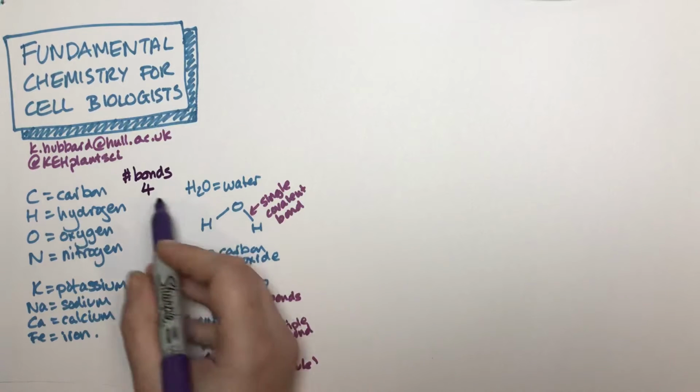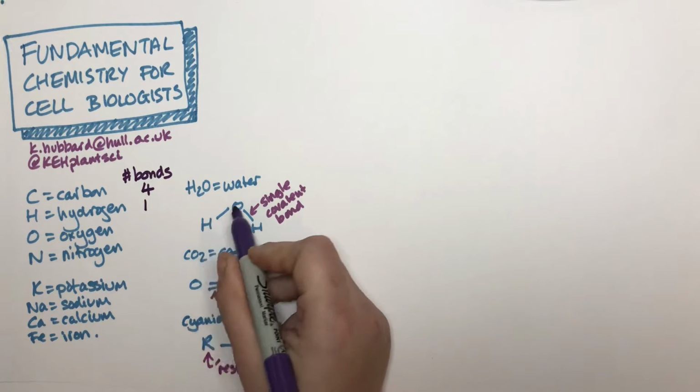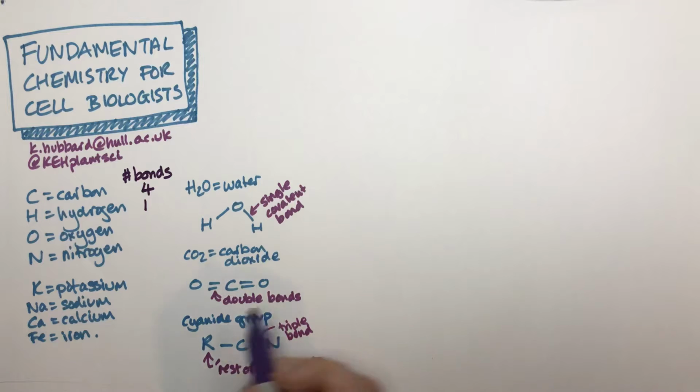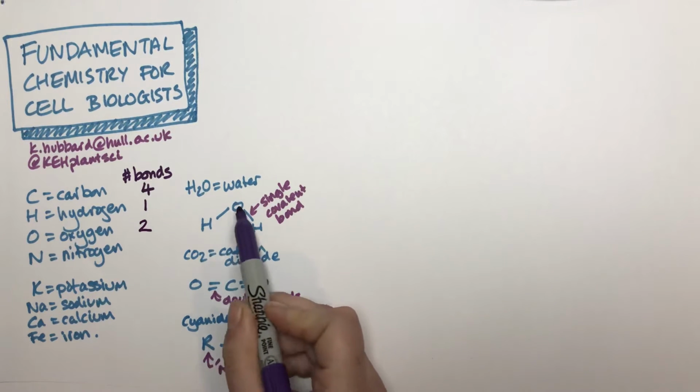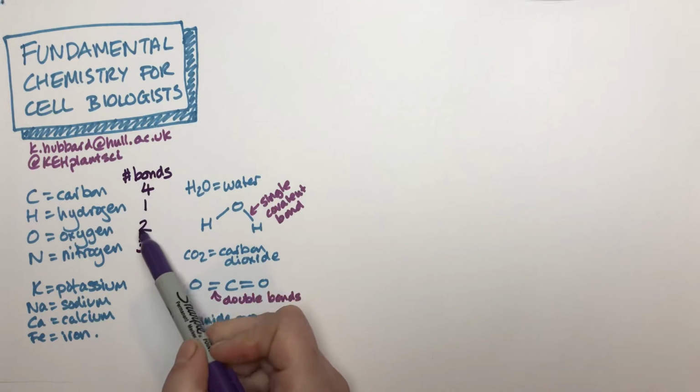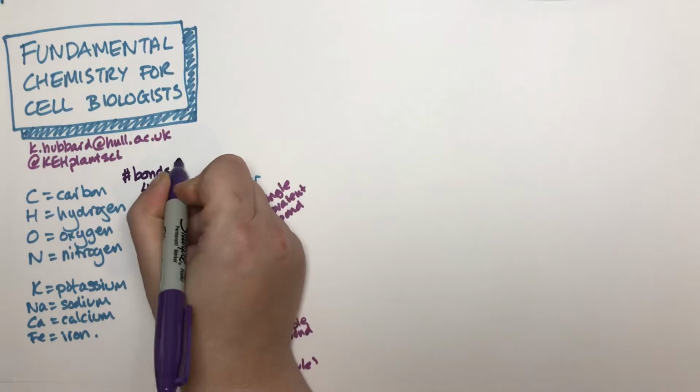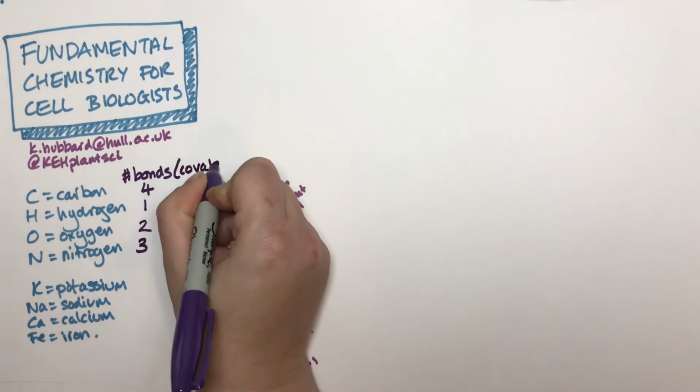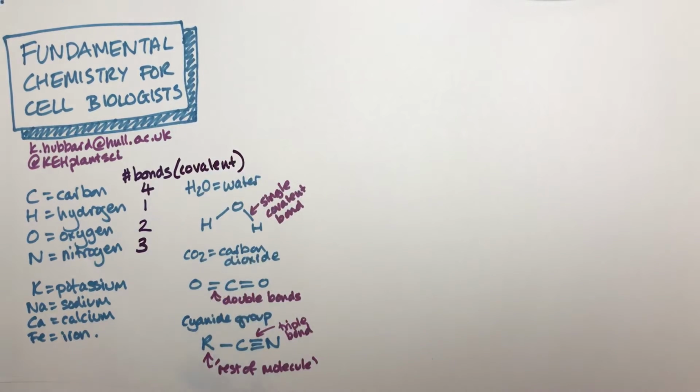Hydrogen only forms 1 bond. So here we've got hydrogen bonding to oxygen. It can only bond to 1 thing at a time. Oxygen binds to 2 things at a time. So here it's 2 different hydrogens. Here, both of those bonds are to the same central carbon. And nitrogen has 3 bonds. So here we've got that triple bond to carbon. So in all the chemical structures you see, there should be that characteristic number of bonds if we're thinking about covalent bonding. That's where we've got a proper strong bond where we share electrons.